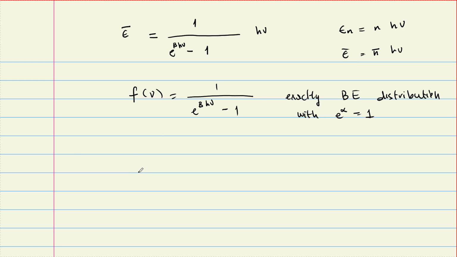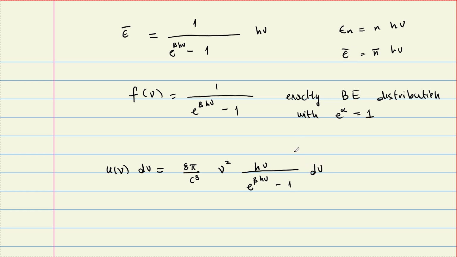And lastly, now we can write U of nu d nu is going to be equal to the number of states, which is 8 pi over c cubed nu squared, times the energy of each state, which is h nu divided by e to the beta h nu minus 1, and d nu.